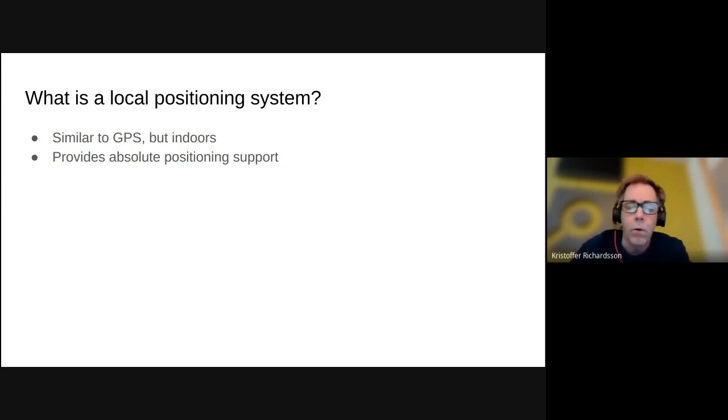But the local positioning system is an absolute positioning system. And it's useful if you want to fly from some specific point to another specific point, for instance for some sort of autonomous application, or maybe doing a show or something else where you want to know where you go.